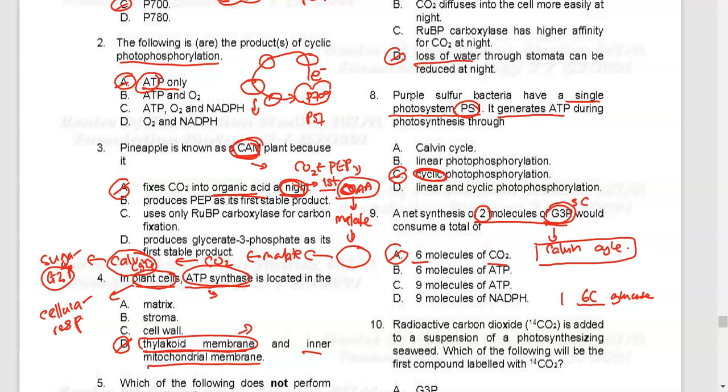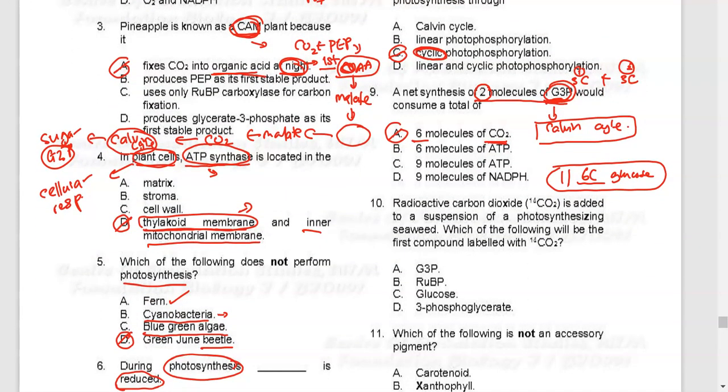Each G3P has 3 carbons. So you have 2 molecules of G3P, this is one molecule and this is another molecule. Altogether, that's why the process requires 6 molecules of carbon dioxide, and from there, the 2 molecules of G3P can be used to synthesize 1 molecule of glucose.